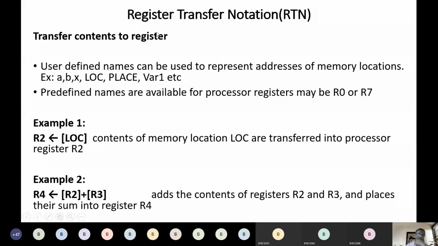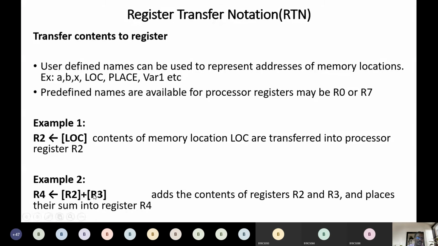Another example: here we have all our predefined names given for the registers R2, R3, R4. As already said, square brackets mean contents of R2, contents of R3. So what happens in this instruction? The contents of register R2 are added with the contents of register R3.